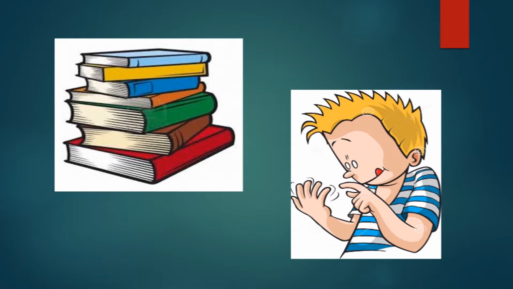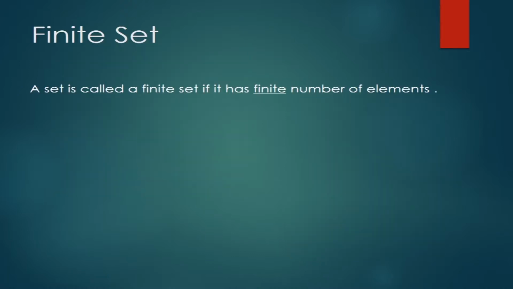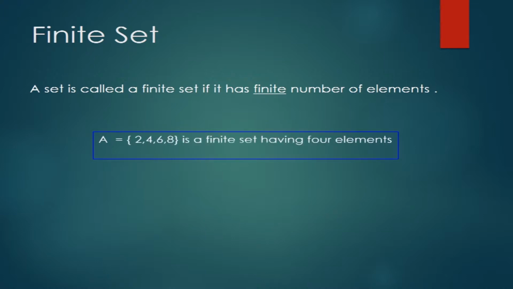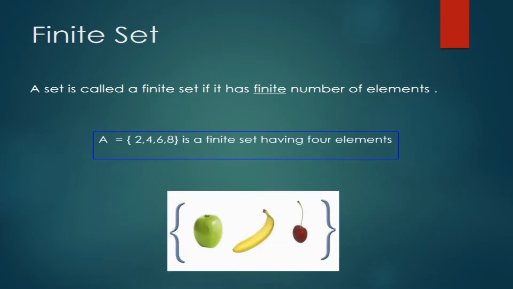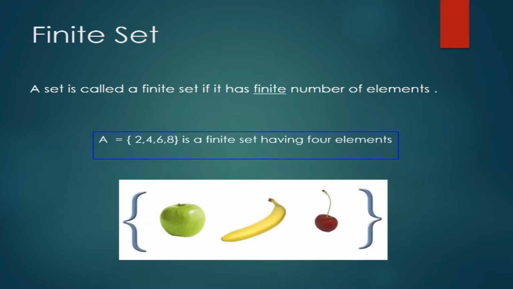First is finite set. A set is called a finite set if it has a finite number of elements. For example, a set A containing elements like 2, 4, 6 and 8 is a finite set having 4 elements. You are seeing the finite set of fruits in the picture. Now look at the image.